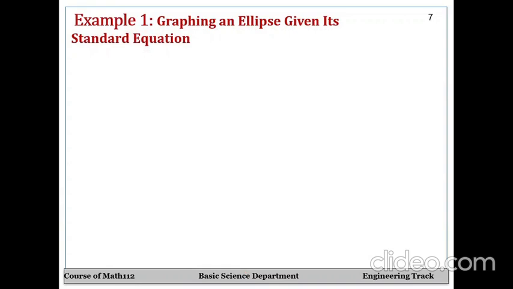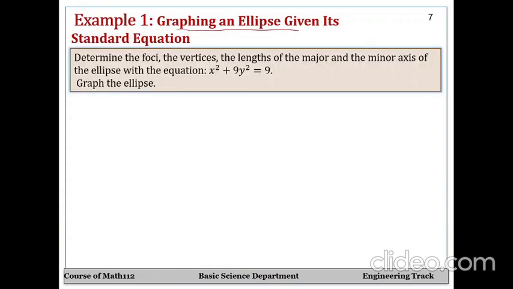Okay, let's look at this example. Determine the foci, the vertices, and the lengths of the major and minor axes of the ellipse with the equation x squared plus 9y squared equals 9, and graph the ellipse.